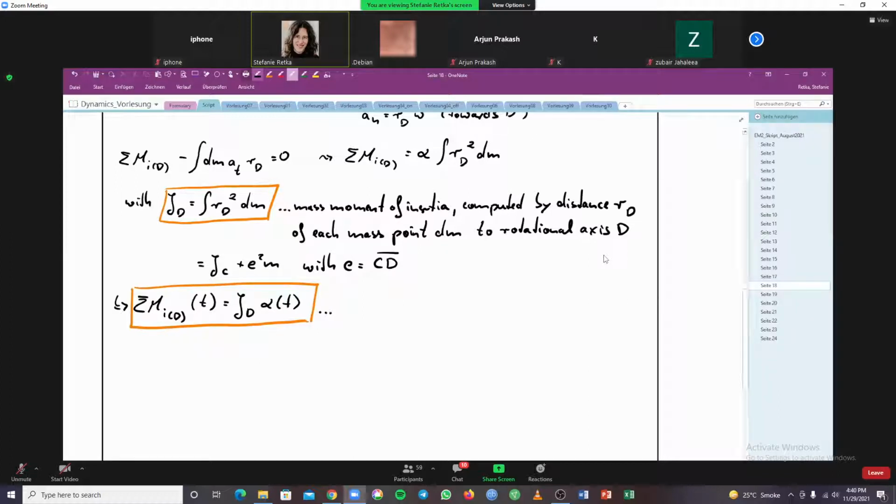JD is what's stated in this orange box here, and we just derived that the sum of all moments is equal to the mass moment of inertia multiplied by the angular acceleration. Okay, so we just use the standard formula for JD. Exactly.